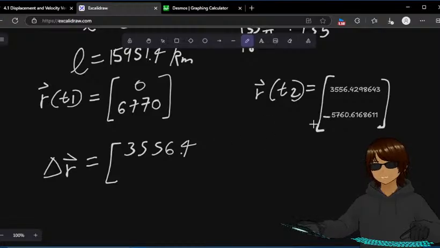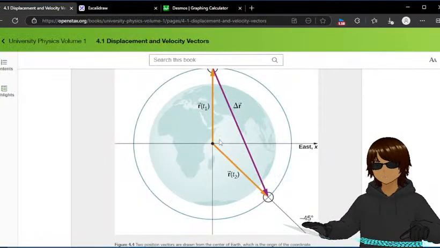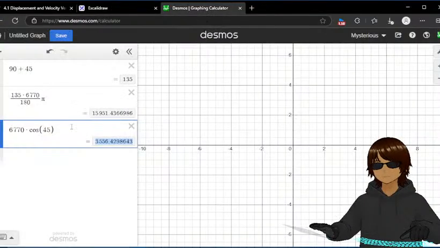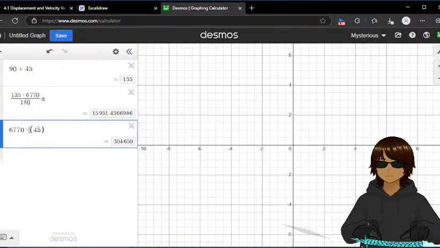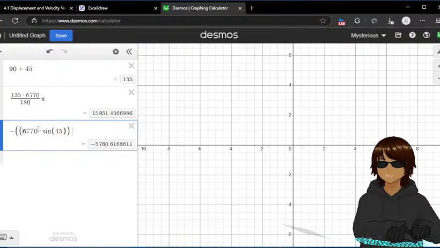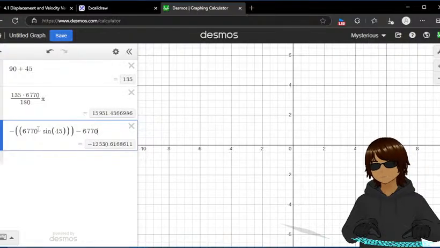This is in the negative direction. This is positive. This is negative. So minus this, minus this. So we have sine minus this minus 6770.